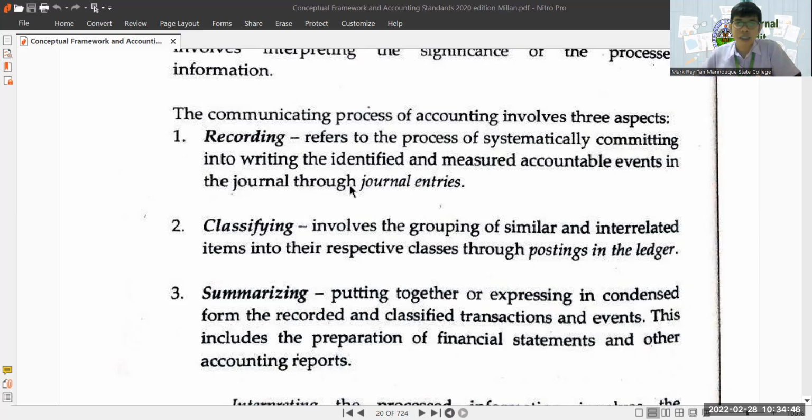Once you identify the transactions as accountable events, you record them in the journal. So recording is like journalizing.